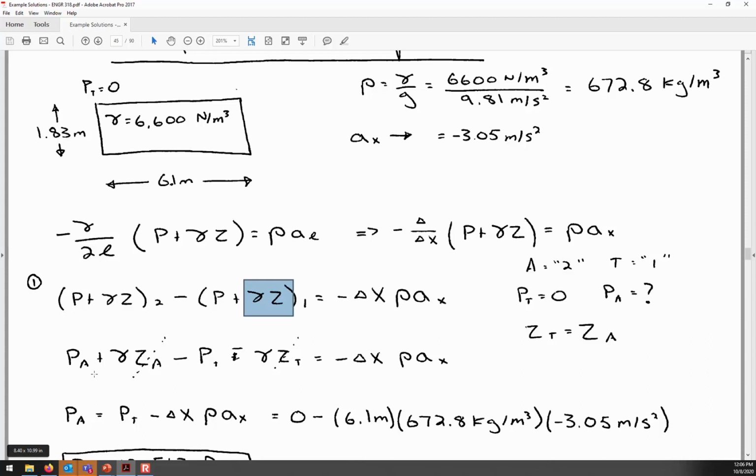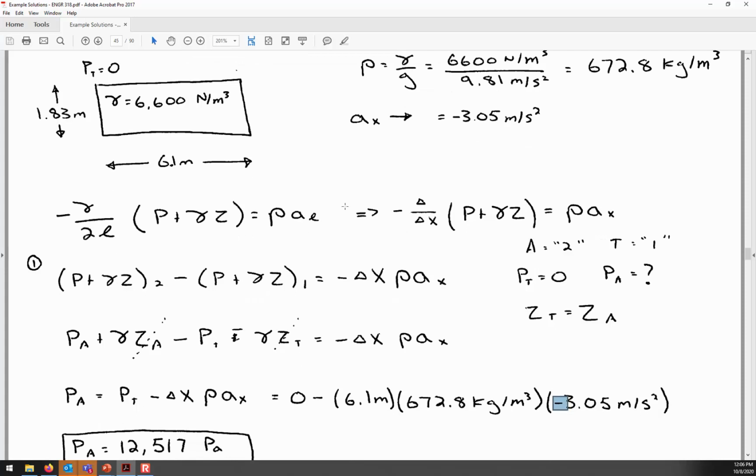So when you cancel out all of the things that don't apply and rearrange, we're saying that the pressure at A is however much pressure there was at T minus delta x times the density times the acceleration in x. And so there's a minus sign here that's going to be canceled out by the minus sign in the acceleration.